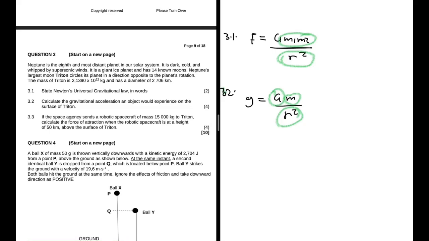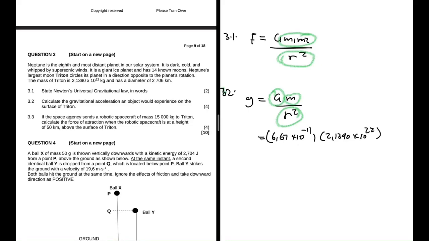In this instance, we're talking about Triton, a moon that is rotating around Neptune. So what do we have here? This will be equal to 6.67 times 10 to the minus 11. That is the value of G. And then the mass of Triton is said to be 2.1390 times 10 to the 22 kg.